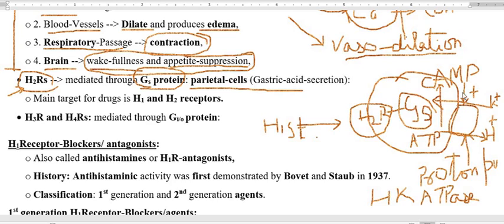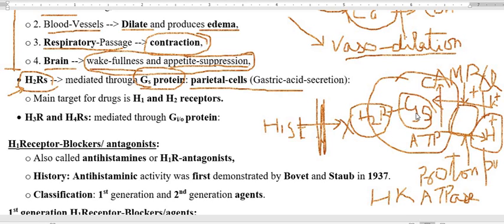So because of the high level of cyclic AMP having a positive effect on the proton pump, hydrogen ion is going to be released, and this hydrogen ion is going to combine with chloride to form hydrochloric acid. Therefore, hydrochloric acid gets formed. So when we use any blocker or antagonist that blocks the attachment of histamine to the H2 receptor, that also blocks the HCl release.